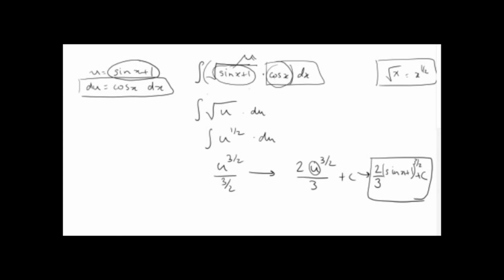As long as you can tell the difference, it's always safer to assume that your u will probably be inside a square root or bracket or anything that's complex enough, anything which has a higher power. If it's a polynomial, we always look for the one with the higher power in there. Let's say if you have an x cubed and x squared, I will always assume my x cubed to be my u, right? And then when we get the derivative of that, I should expect to get a 3x squared, which involves our x squared right there.